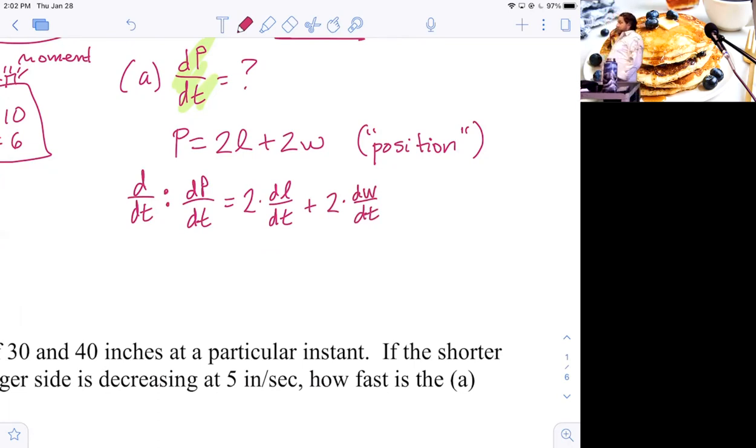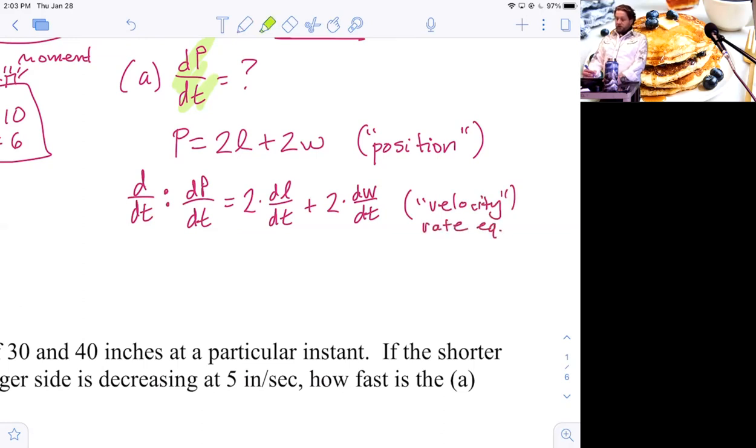Now, back when we did implicit differentiation, everything that had an x did not get a dx/dx because that was just 1. But every variable that was a y got a dy/dx. In this case, if you don't have a t in your equation, every single one of your variables is going to get a d-variable/dt. Okay? So this now is our quote-unquote velocity equation. Or, as we're going to call it, it's our rate equation.